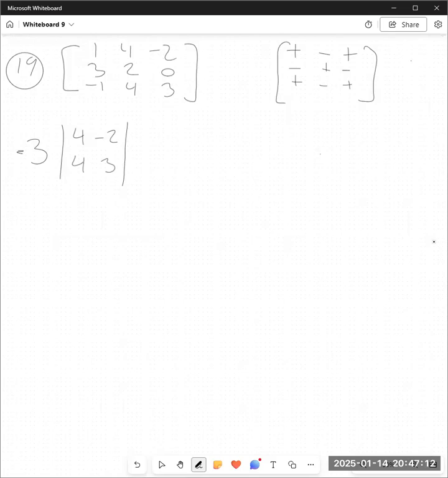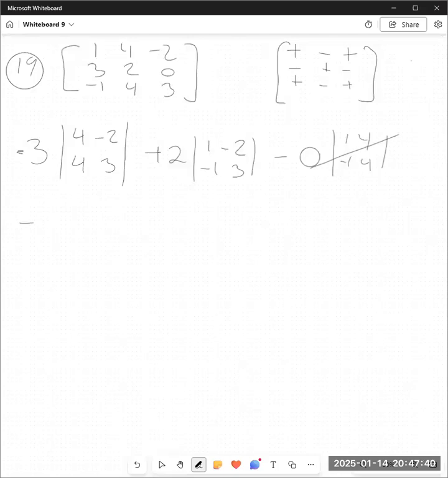Then I come over here to 2, that's in a positive spot, so +2, cover up the row and the column that 2 are in, that leaves me 1, -2, -1, 3, and then 0 times anything is going to give me 0. But if I wanted to cover up the row and the column just to show everything, 1, 4, -1, 4, but that's just going to be a 0.